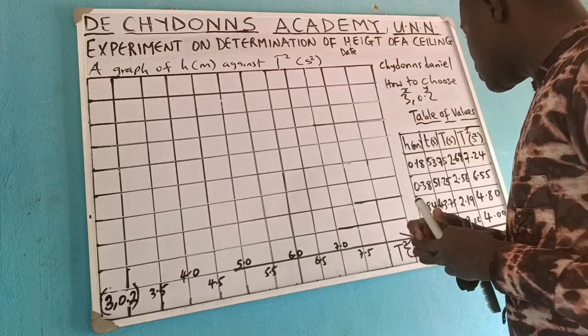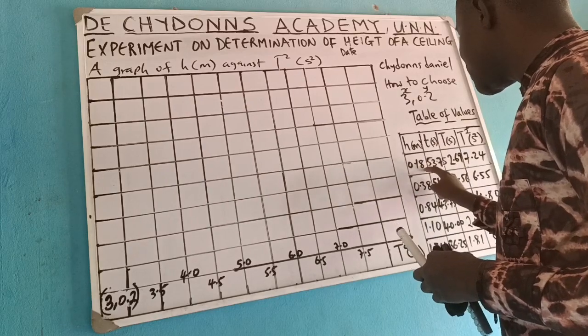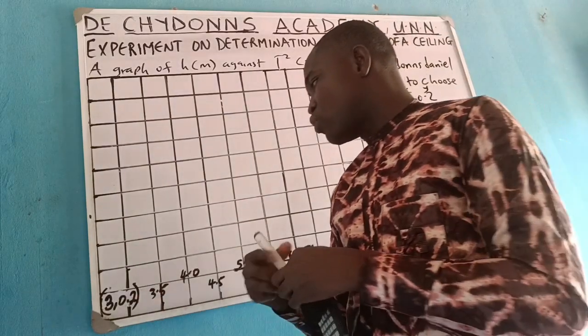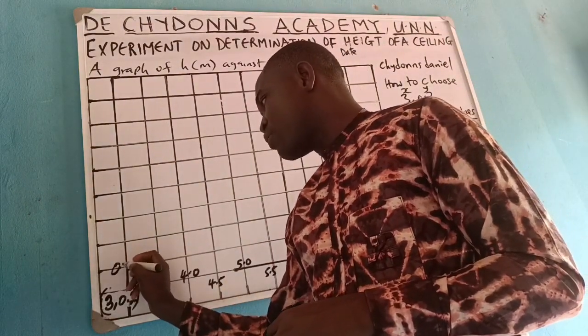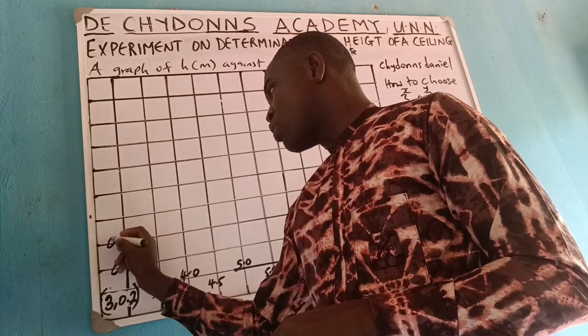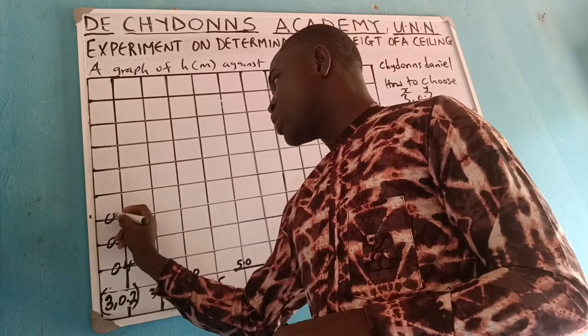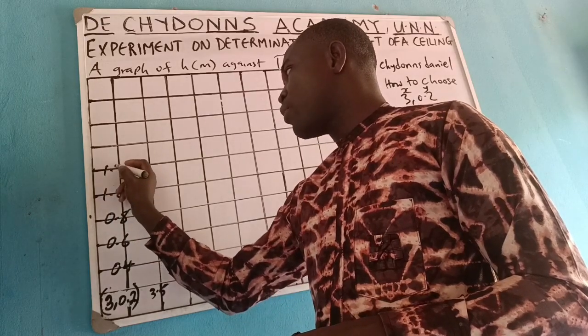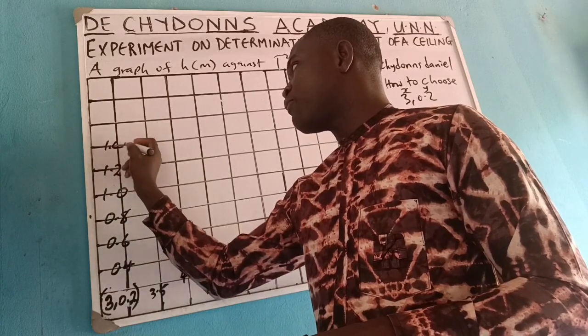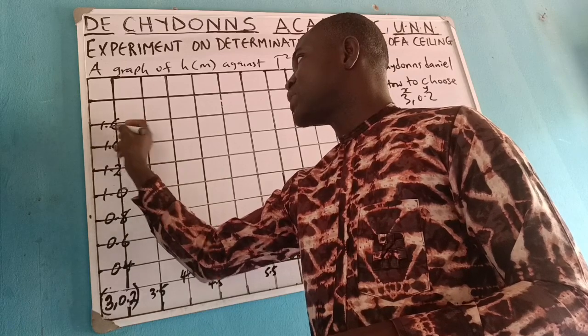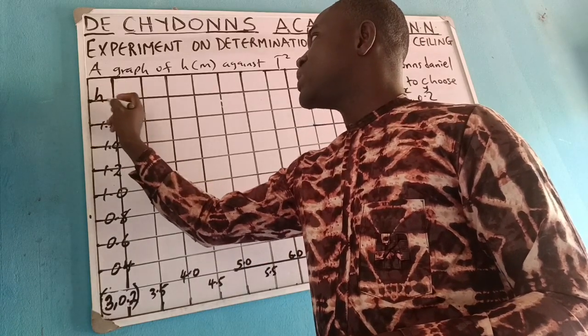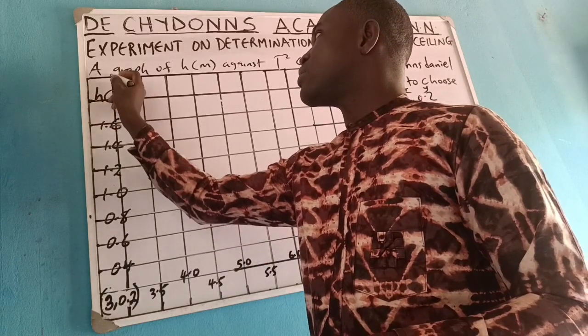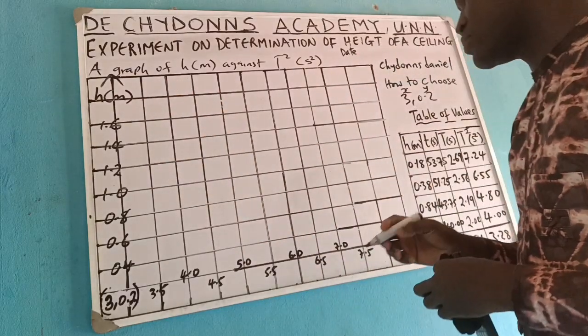Okay, and so 0.18. If here is 0.2, we have here 0.4, 0.6, 0.8, 1.0, 1.2, 1.4, 1.6, and here is h in meter axis.